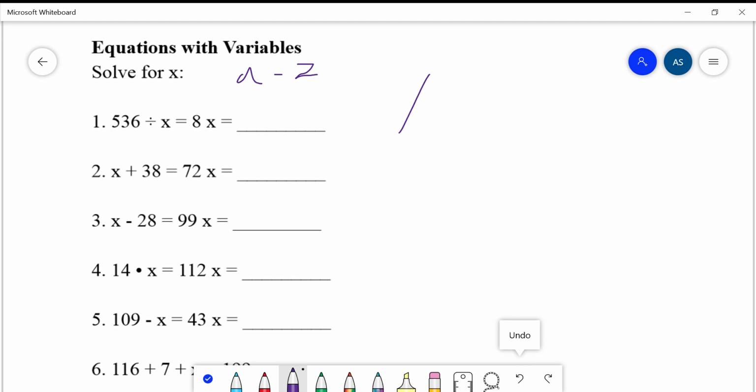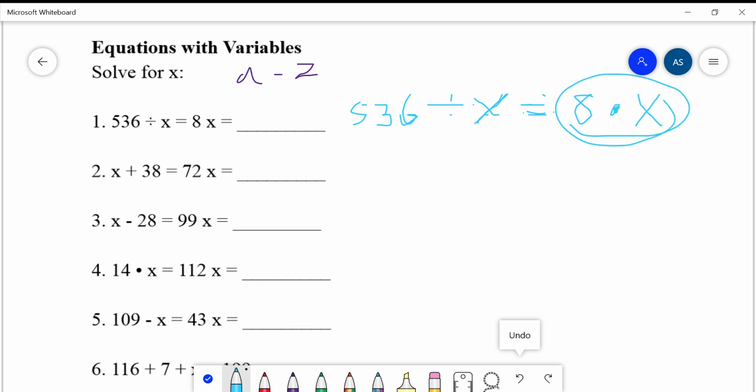So now we have 536 divided by a variable is equal to 8 times, so I'll put a big dot here, times x. That way you'll be able to see it better. But you gotta remember, this 8 and the x will be moving together. I'll just put 8x.